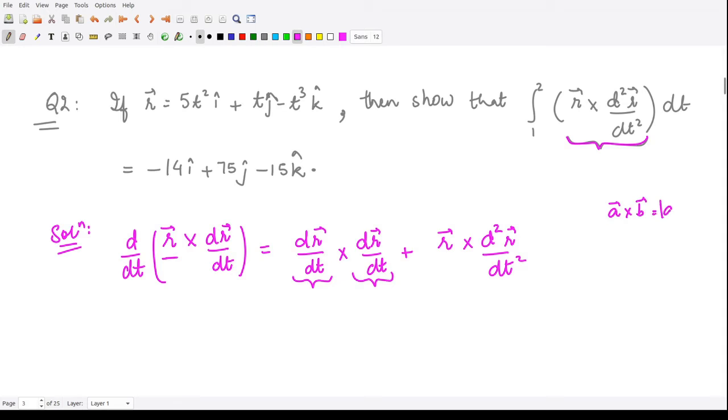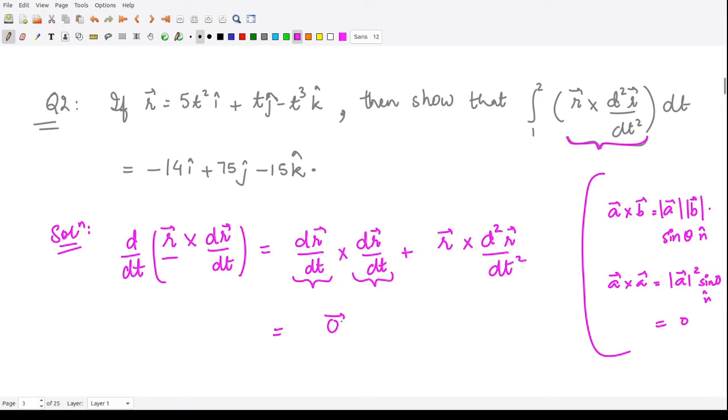You define this to be the magnitude of the first vector, the magnitude of the second vector, into sine of the angle between them, into the unit vector n cap which is perpendicular to the direction of both vectors A and B. Now if I take them to be the same vector, I would have its square and sine of the angle between them. Now the angle between the same vector is obviously 0, so this quantity is 0. So therefore I can write this first quantity to be a 0 vector, right?